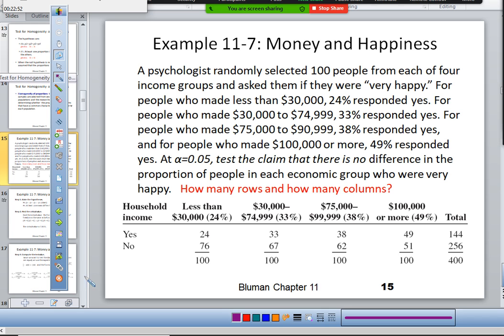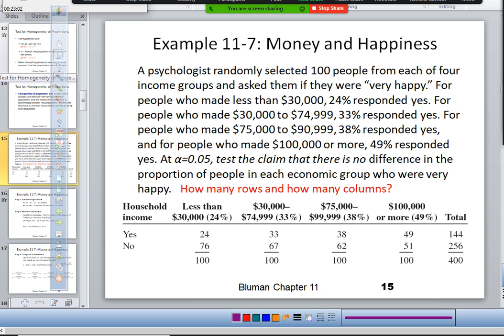Okay, so first of all, let me get someone to read this. Eva, go ahead and read first. A psychologist randomly selected 100 people from each of 4 income groups and asked them if they were very happy. For people who made less than $30,000, 24% responded yes.